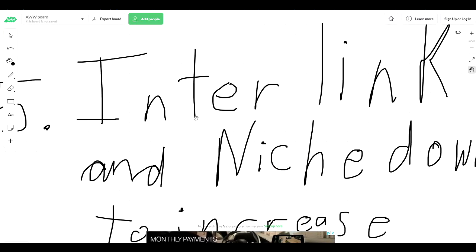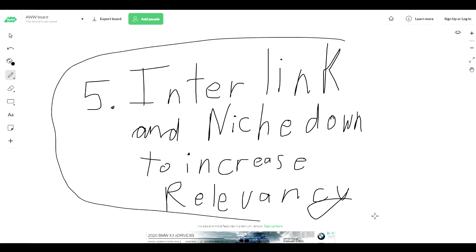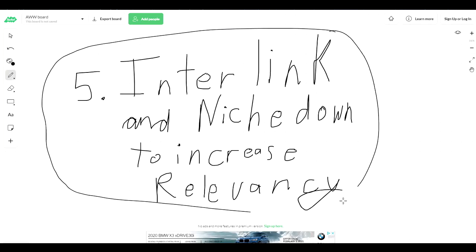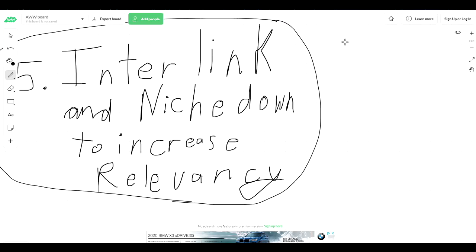And last one, not the least, but this is so important: interlinking and niching down to increase relevancy. So with all the articles I told you about, the supporting ones, let's say you wrote all 3 of these articles, and then you link back to your main money post.